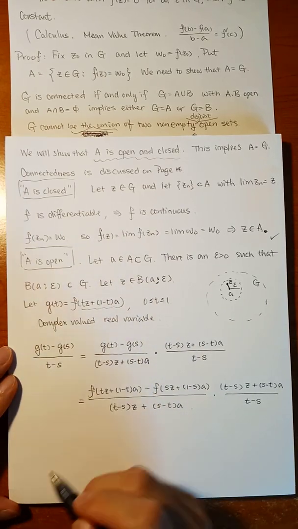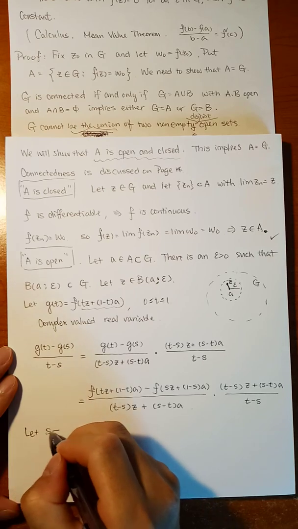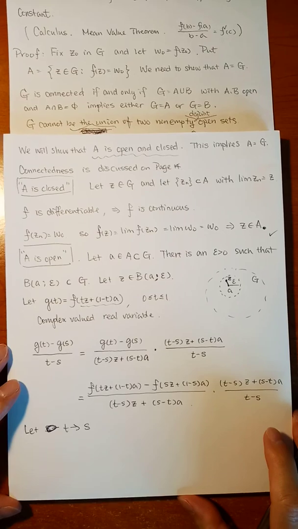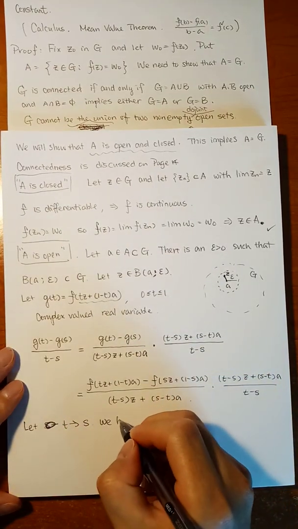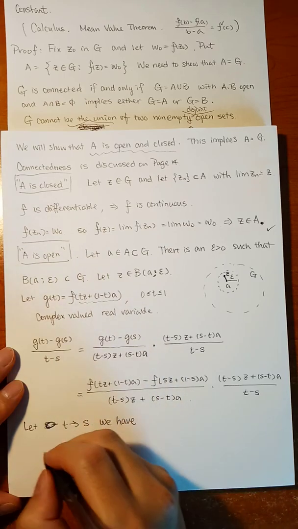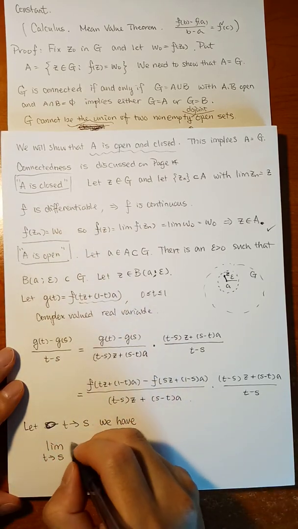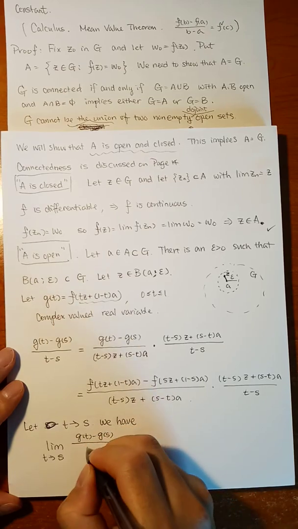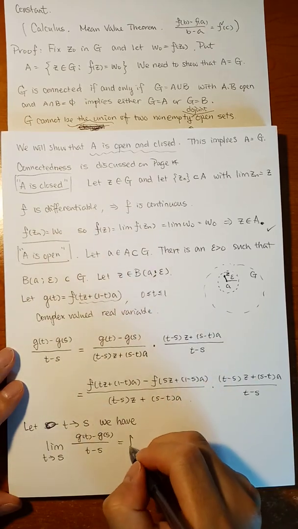So if we compute the limit, let t approach s, we will have the limit as t approaches s of (g(t) minus g(s)) over (t minus s) is equal to f prime.